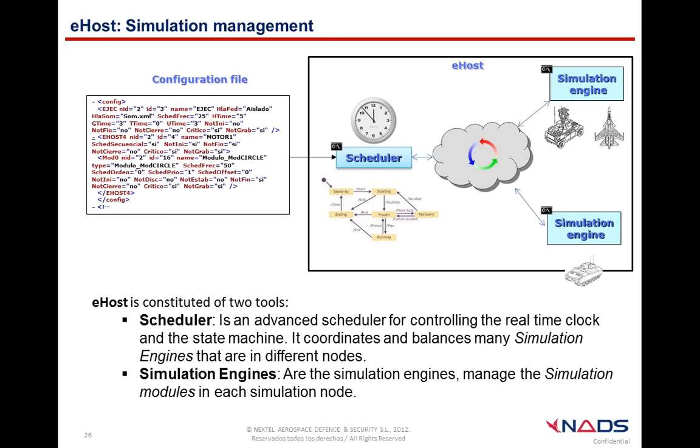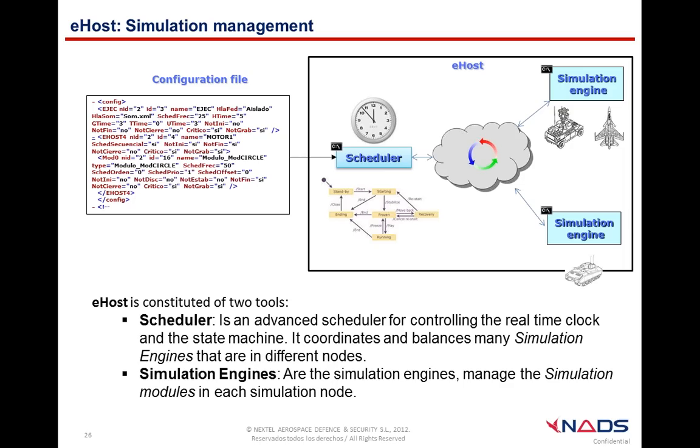Then we have eHost. eHost is for simulation management. eHost is really two tools. One of these is the Scheduler. The Scheduler is a tool for controlling the real-time clock and the state machine. Then we have simulation engines.